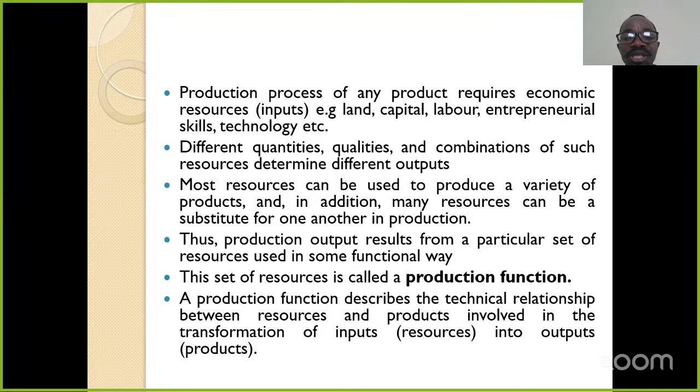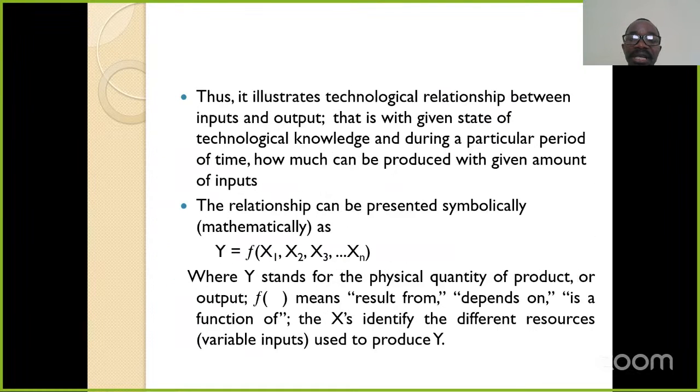If you choose, let's say, poor quality inputs, what will come out will be, of course, an output that is of poor quality. So what you put in determines what comes out, meaning there is a kind of technical relationship between the two. We can illustrate the relationship between inputs and outputs mathematically.